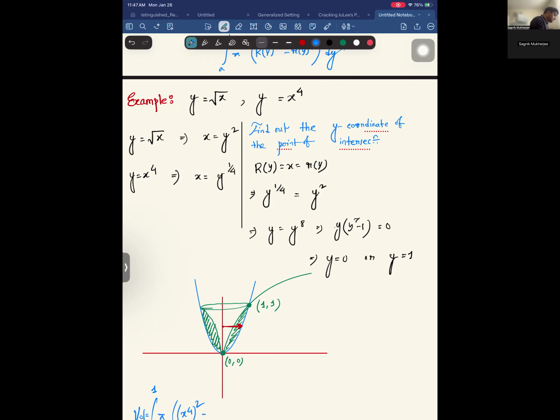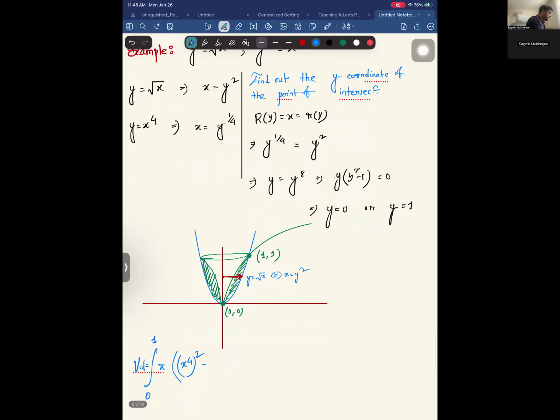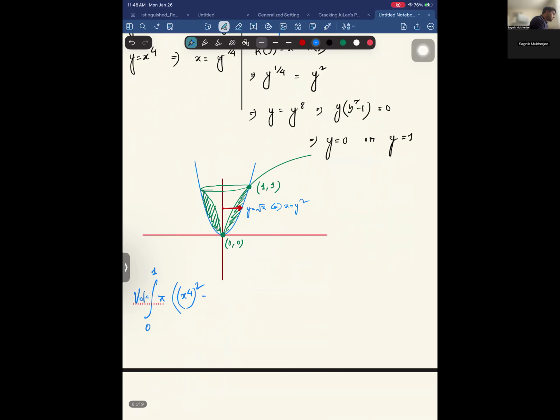So this is y equals square root x, which is the same as x equals y squared. My bad, I made a typo. So this is going to be the integral of pi times (y squared minus (y power 1/4) squared) dy. Make sense?